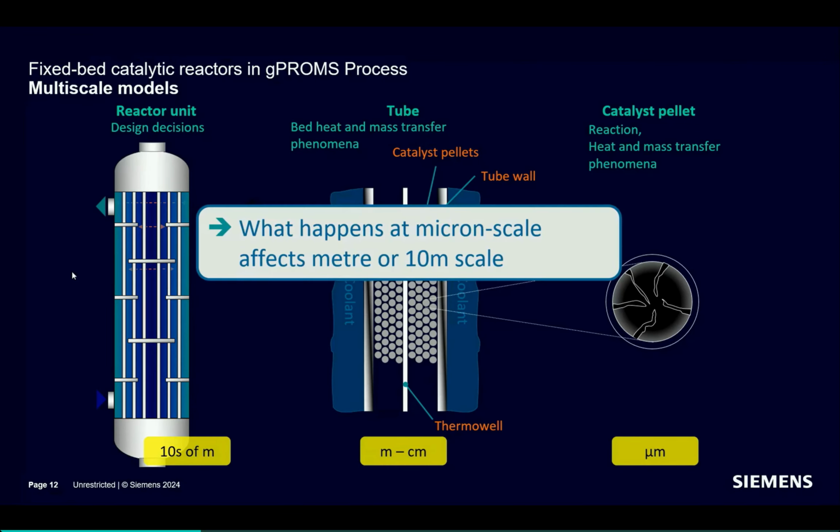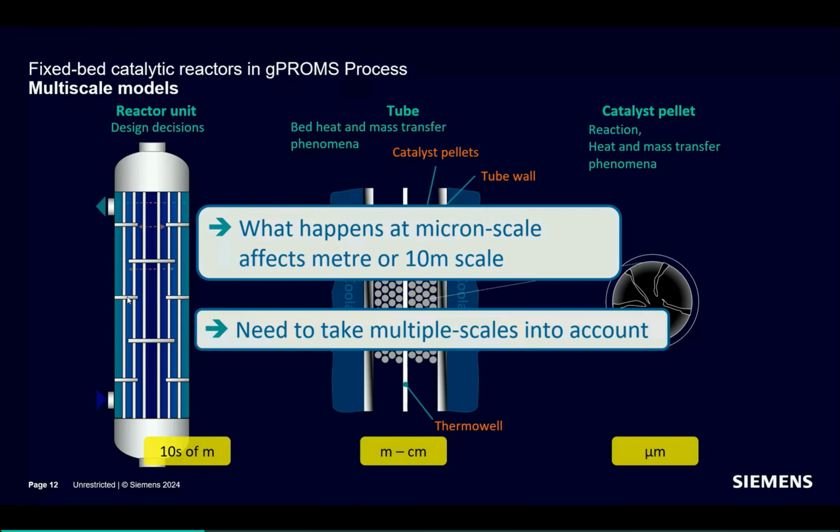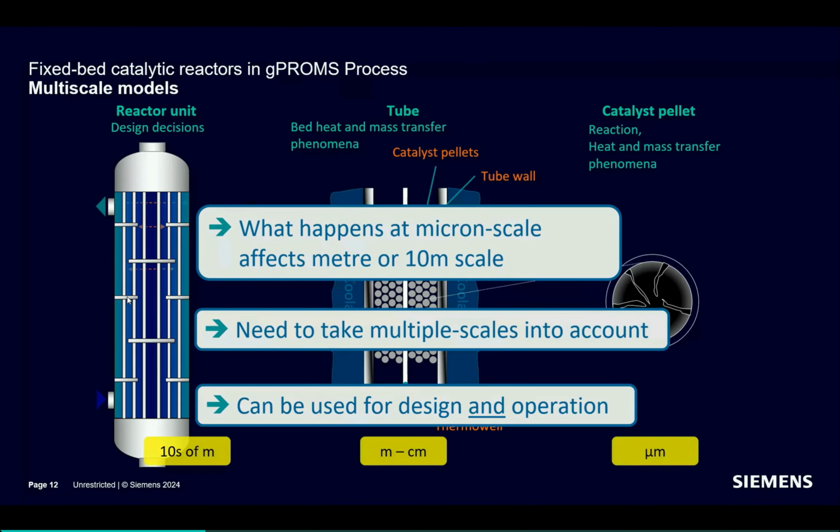And this is, of course, because what happens inside the pellets actually affects the performance and optimal design of the actual reactor units. And therefore, we need to consider all these scales. And only such models can really be used for design and operation applications.